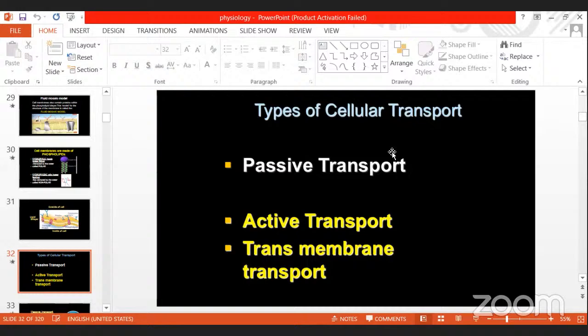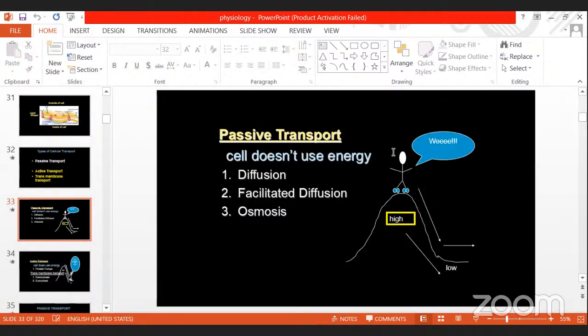Passive transport means the cell doesn't use energy to perform the functions. Remember, the examples are diffusion, facilitated diffusion, and osmosis. There is no need for energy usage for these processes.